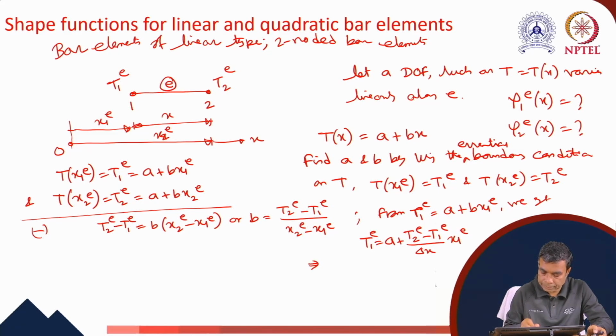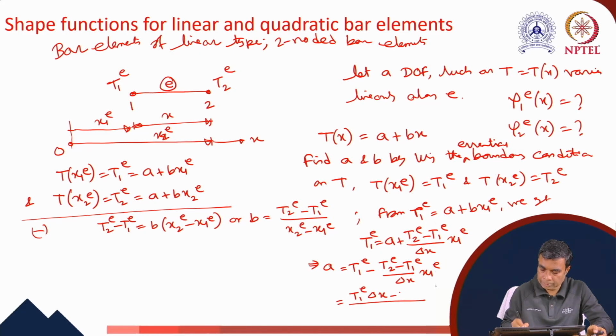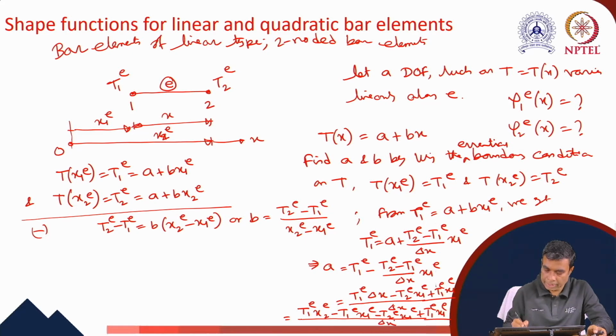This gives us A equals T1e minus (T2e minus T1e) by delta x into x1e, equals (T1e delta x minus T2e x1e plus T1e x1e) by delta x, equals (T1e x2e minus T1e x1e minus T2e x1e plus T1e x1e) by delta x.